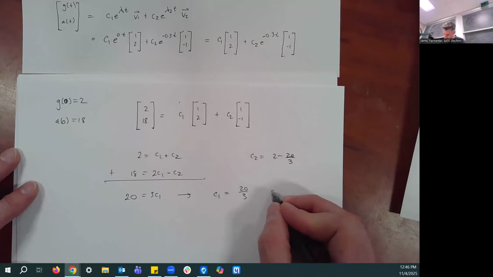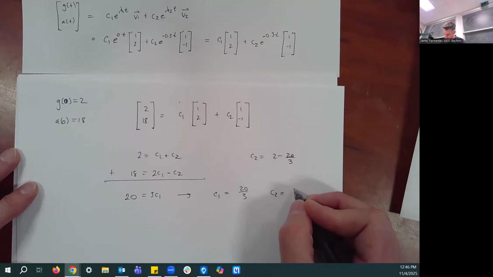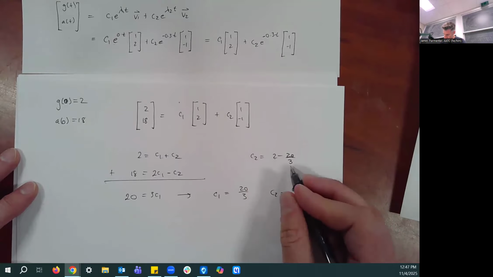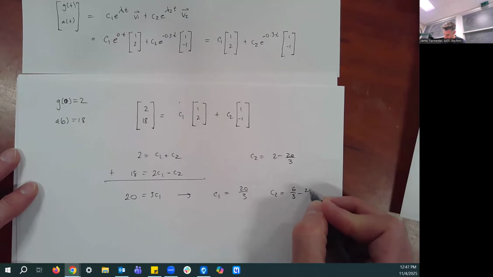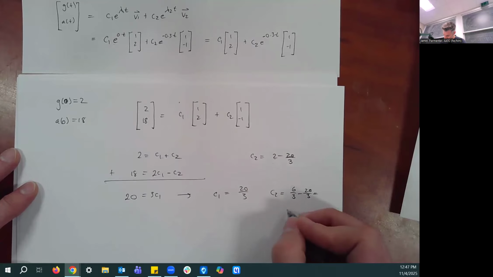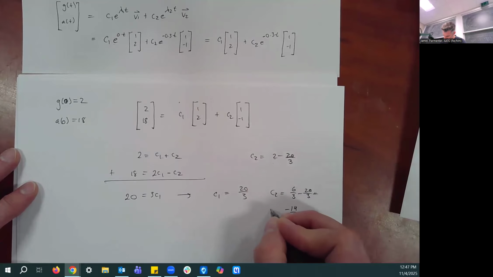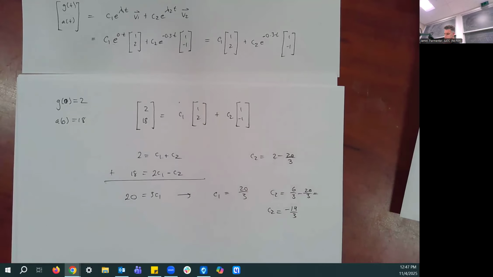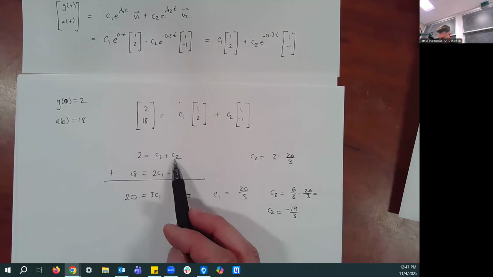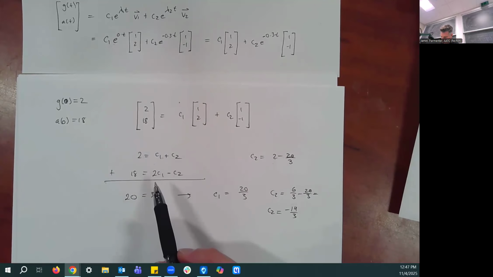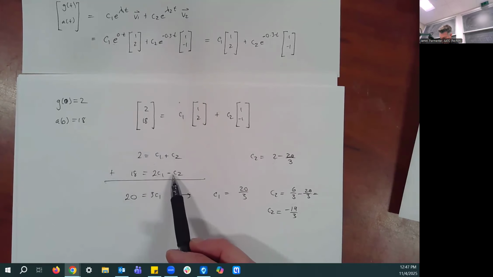C2 should equal 6 thirds minus 20 thirds, which is negative 14 thirds. So 20 thirds plus negative 14 thirds, 6 thirds, and then 40 thirds plus 14 thirds is 54 thirds, which is 18. Okay, that's right.